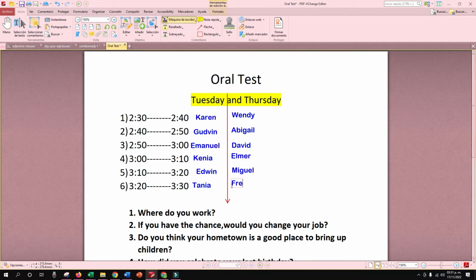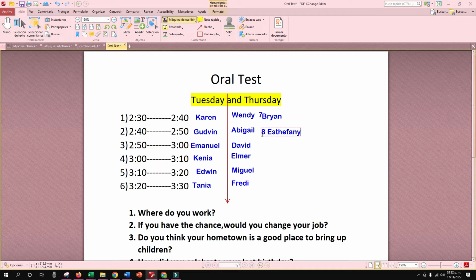Mr. Freddy va a ser el número 6. Entonces sería Brian, vamos a ajustar ahí el tiempo, el número 7, y el número 8 sería esta niña, Stephanie.